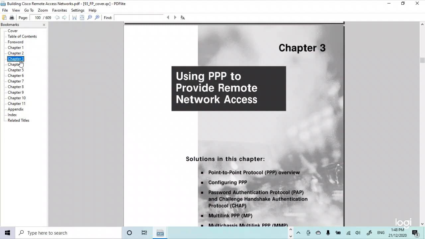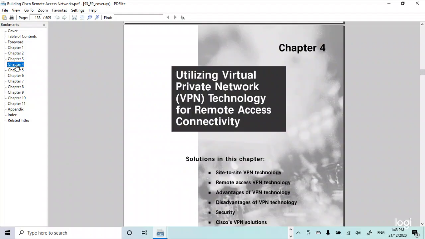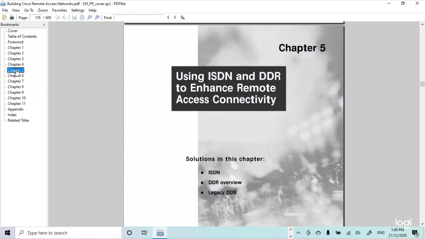In chapter 4 we cover utilizing VPN, virtual private network technology, for remote access connectivity. In chapter 5 you can see using ISDN and DDR to enhance remote access connectivity.